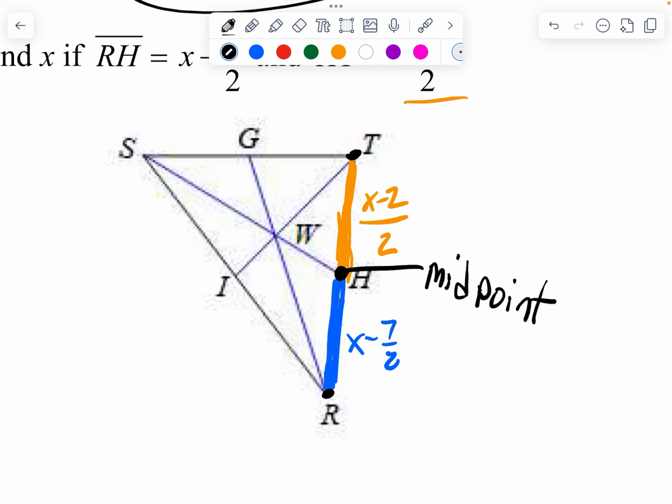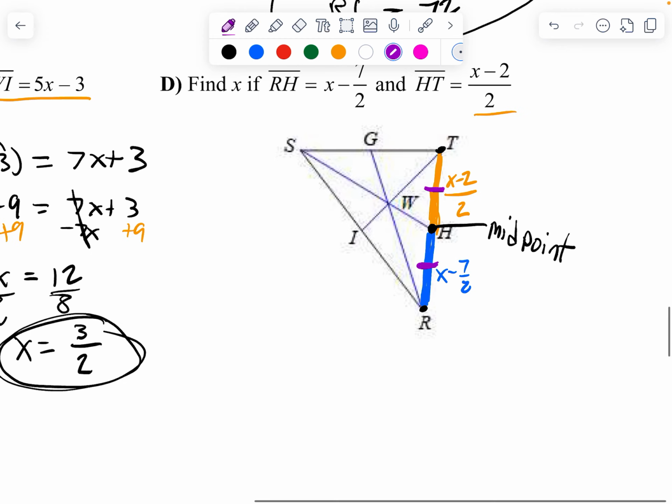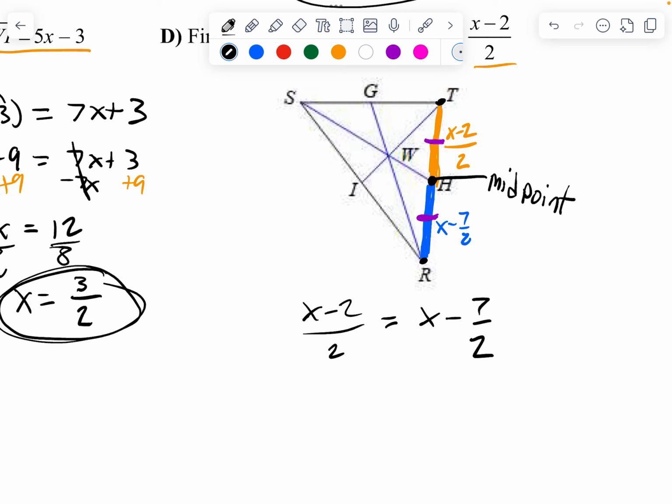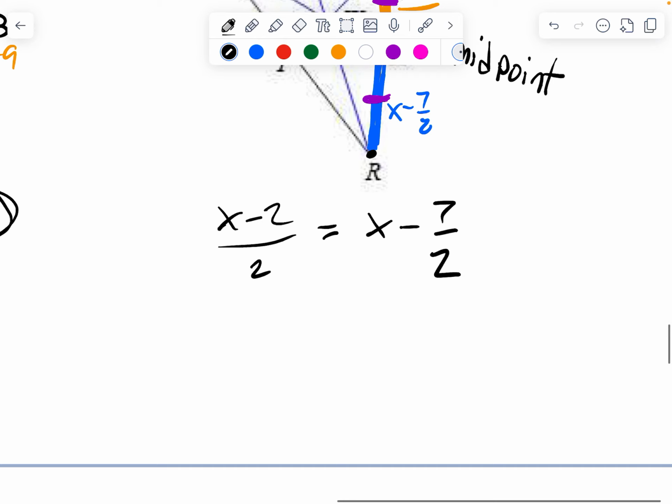Why is that helpful? Well, that just happens to tell you that T to H and H to R are congruent, meaning that their lengths must be equal. Don't overthink these. Remember what you're working with. And then we just need to solve.